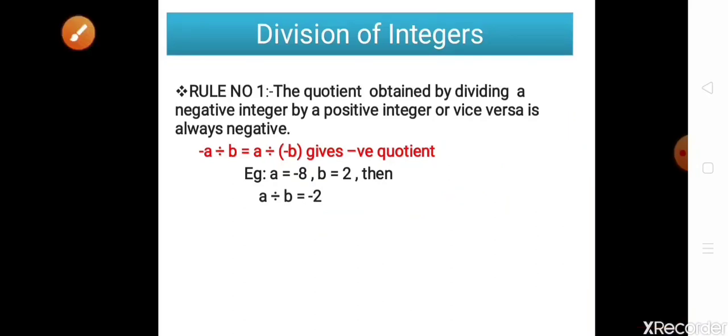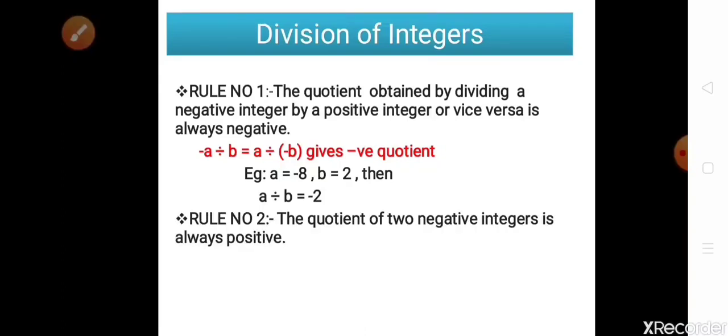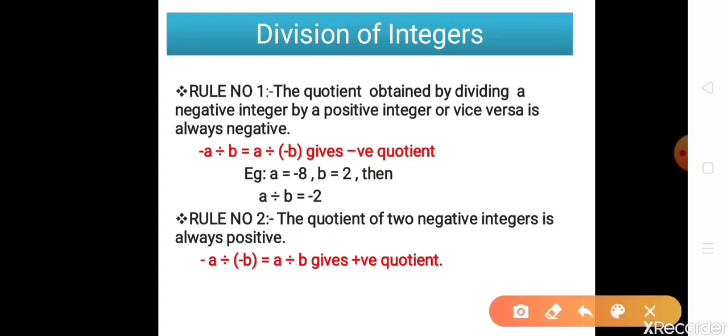Going to the second rule. Rule number 2: the quotient of two negative integers is always positive. Mathematically it will come up to be minus a divided by minus b will give you a positive quotient. Now when you divide minus a by minus b, it is also equal to dividing a by b, which are both positive.